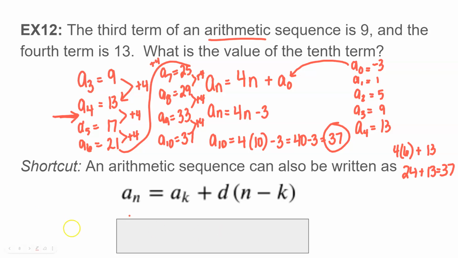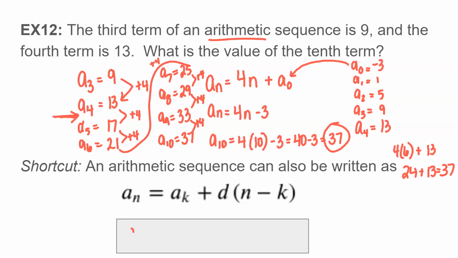Now, one of the things that they have in our explanation for this section is that sometimes they'll give their answers in this form right here. So it's got a sub n equals a sub k plus d times n minus k. Okay? So n right here is what you're trying to find.